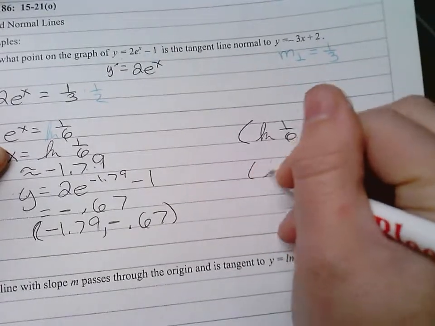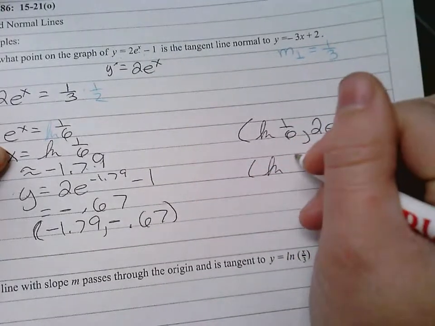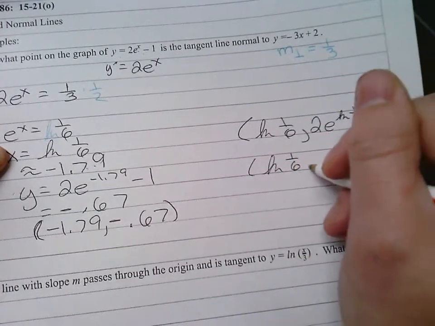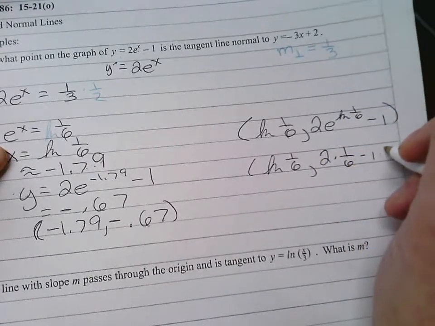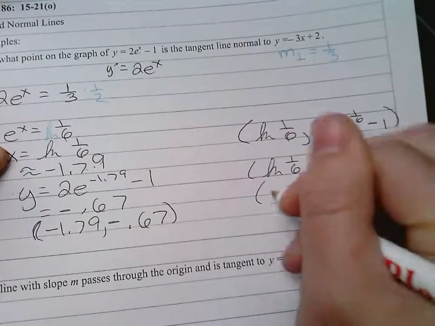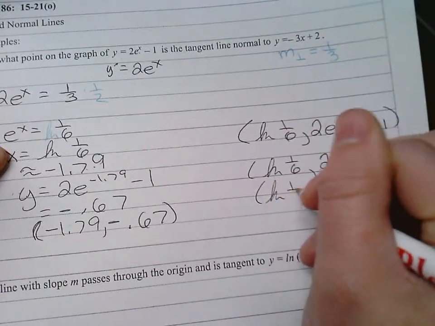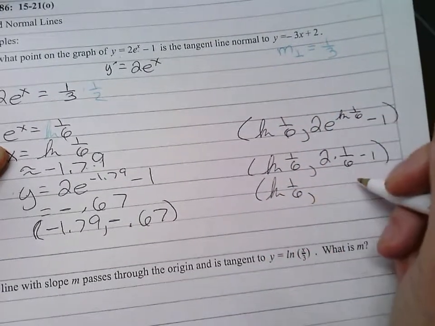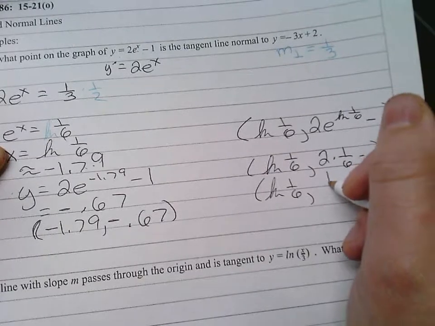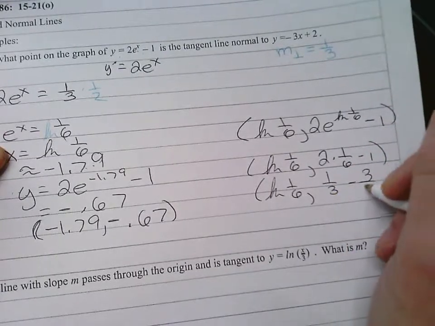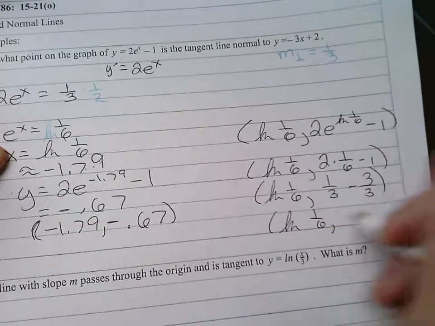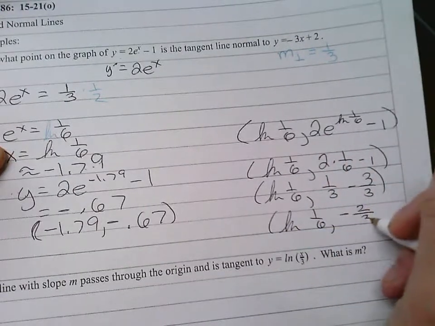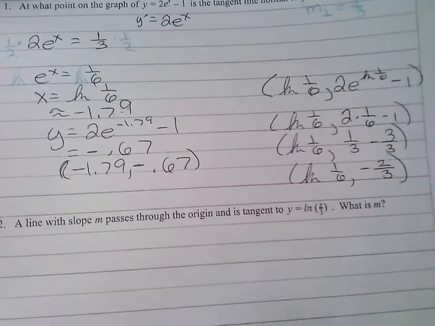That is going to be ln of 1 over 6, 2 times 1 over 6 minus 1. So that's going to be ln of 1 over 6, 1/3 minus 3 over 3. And you get ln of 1 over 6 and negative 2/3. More precise point right there.